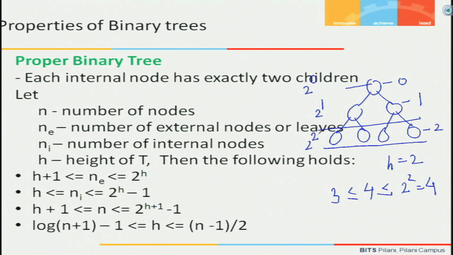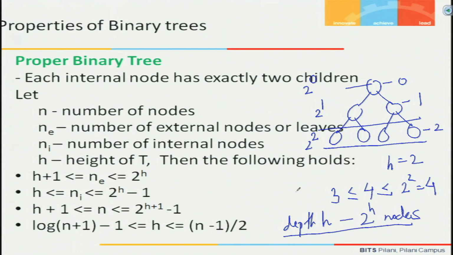So, I can generalize this: at depth h there will be precisely 2 power h nodes. All these results stated here, 1, 2, 3, 4, are basically proved easily by using the fact that at depth h you have 2 power h nodes. Once you use this idea, all the results are very easy to prove.